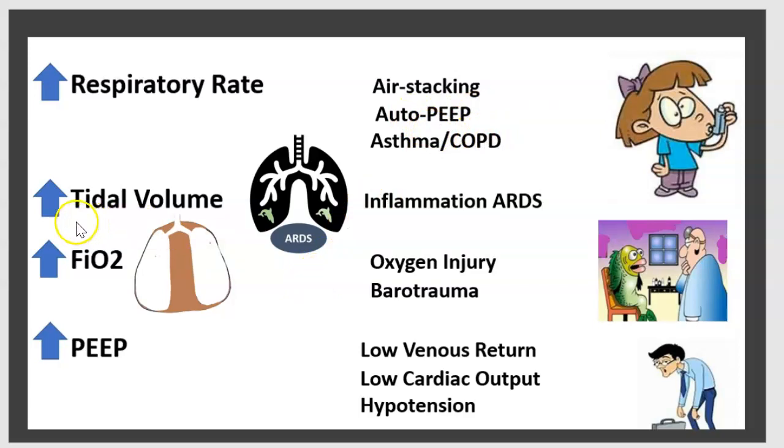The risk of increasing tidal volume: there is a risk for inflammation in ARDS. The increase of FiO2 could lead to oxygen injury and barotrauma. The increase of PEEP: low venous return, low cardiac output, hypotension.